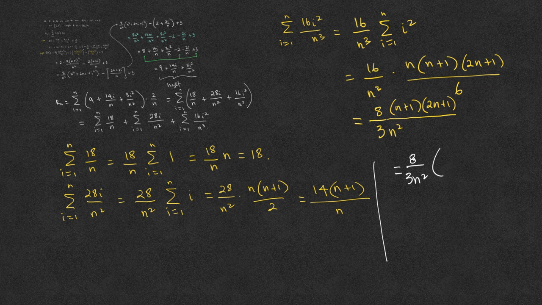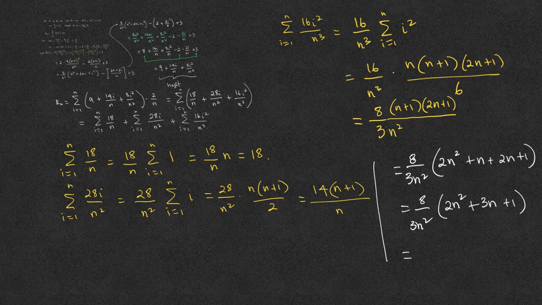We then distribute n plus 1 times 2n plus 1 is 2n squared plus n plus 2n plus 1. This is 8 over 3n squared times 2n squared plus 3n plus 1.